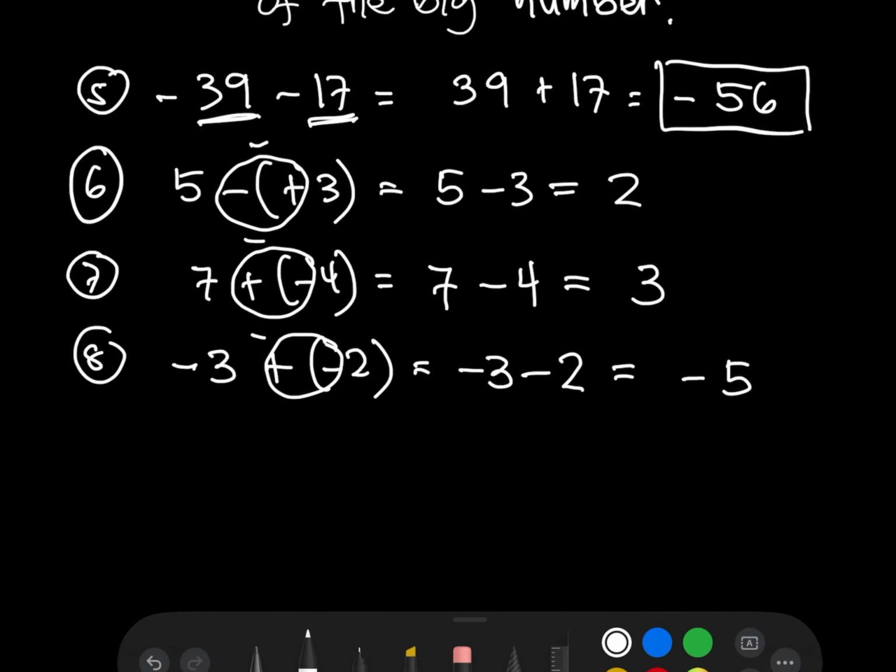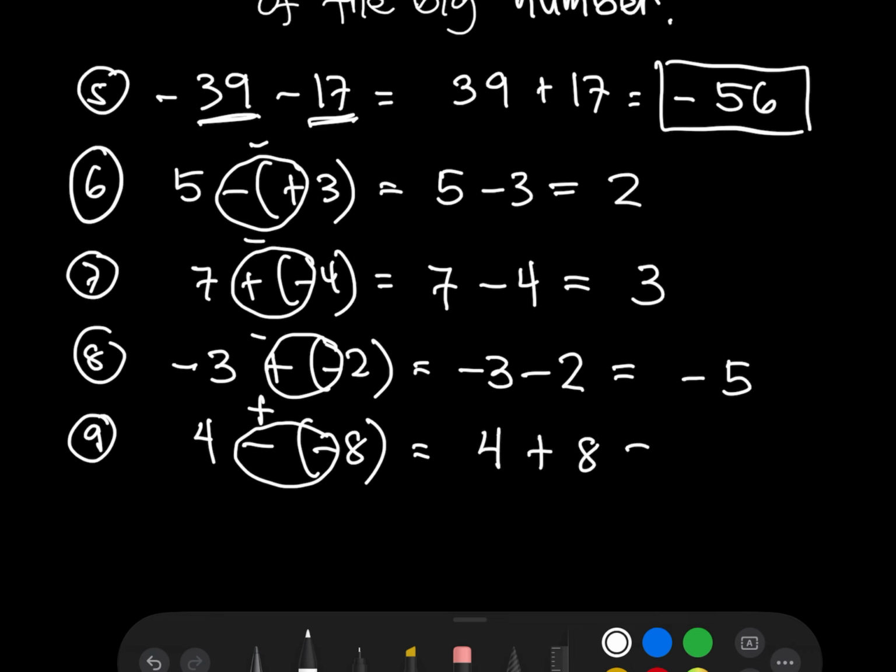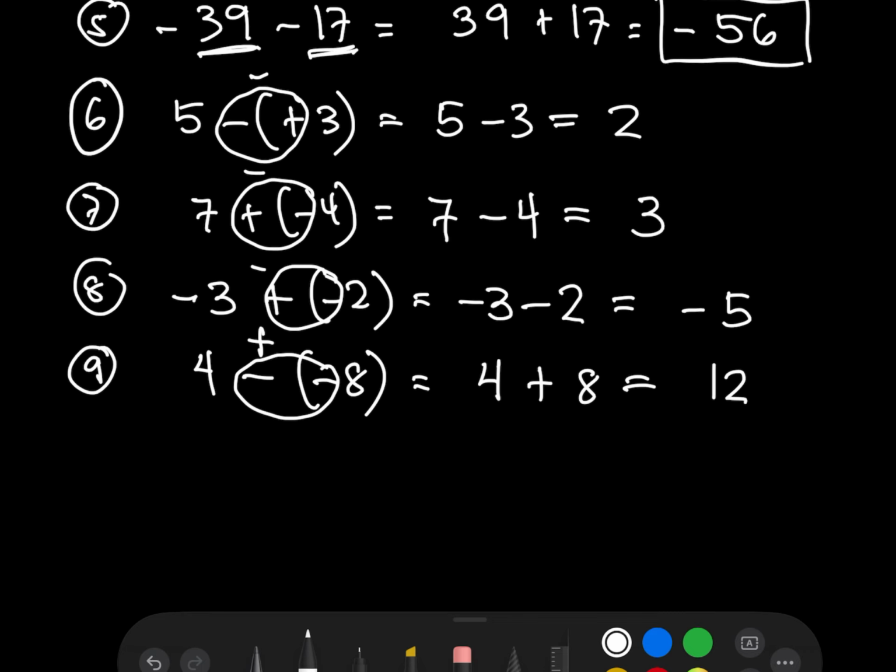For number 9, you have 4 minus negative 8. Again, if you have minus minus, it will turn to plus. So you have 4 plus 8, and that is 12. Last example, if you have negative 8 minus negative 9. Remember, this will give you plus.